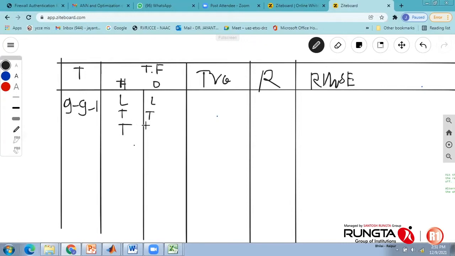Tansig, logsig is another option. Logsig, tansig is another option. That means the permutation and combination of transfer functions between sigmoidal and hyperbolic tangential function is 4 for a single topology.